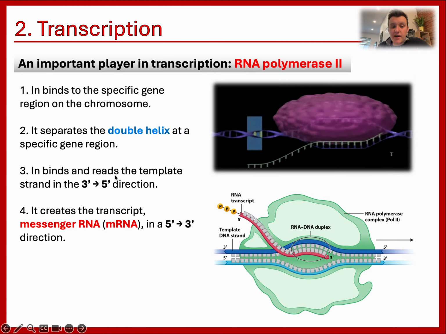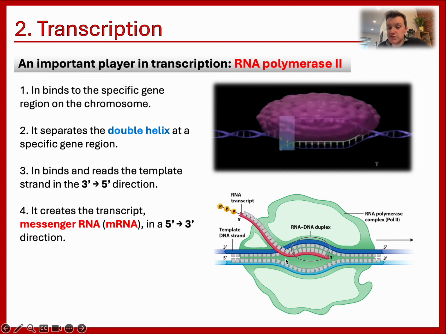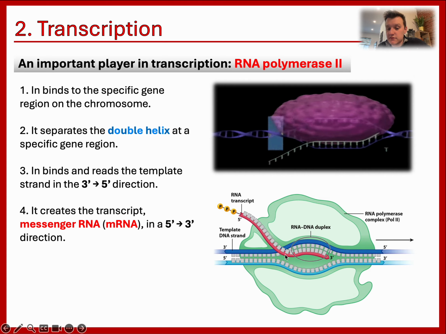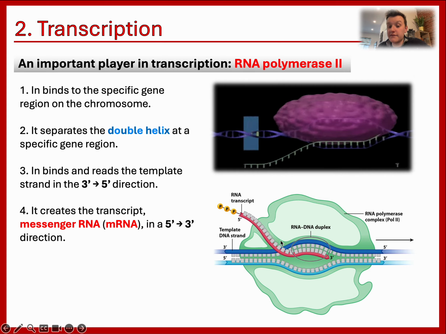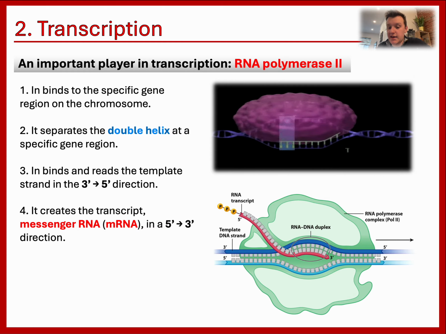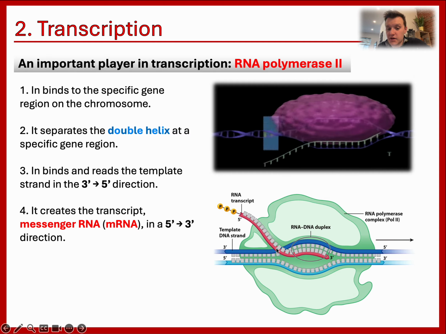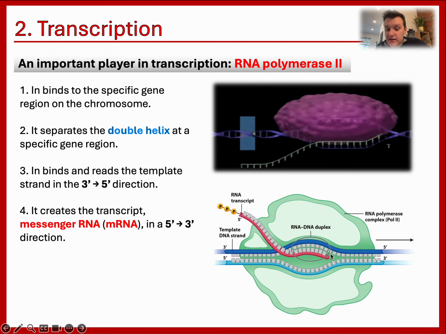And it binds and reads the template strand in the 3' to 5' direction. So it is reading the DNA, one of the strands of the DNA that we call the template strand. It is reading it from 3' to 5', and it is creating, right?